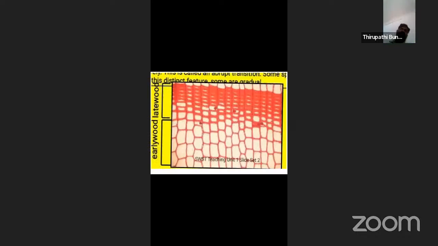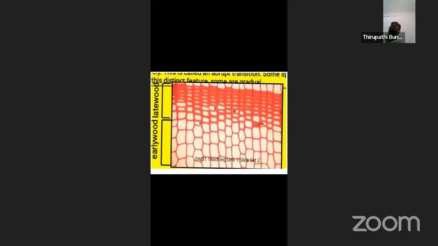The figure is there. See, this is late wood and early wood. Early wood developed in summer season, and is light in color. But late wood is darker in color.